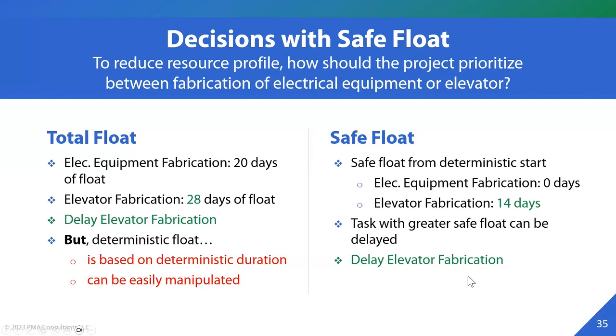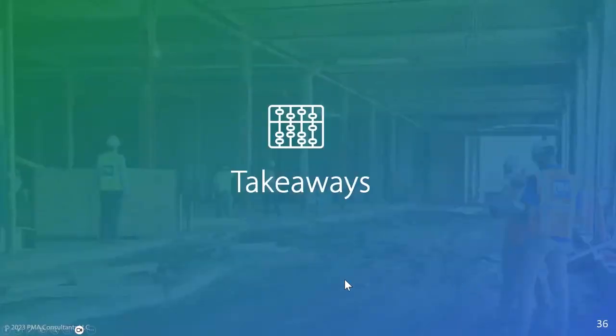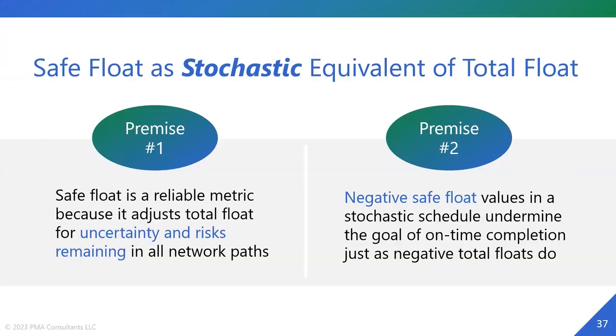Okay, at this time, I'll give this back over to Dr. Gee for some takeaways. We have safe float as a counterpart to total float. And it's an improved value of schedule leeway because it is considering remaining uncertainty and risks with all paths.